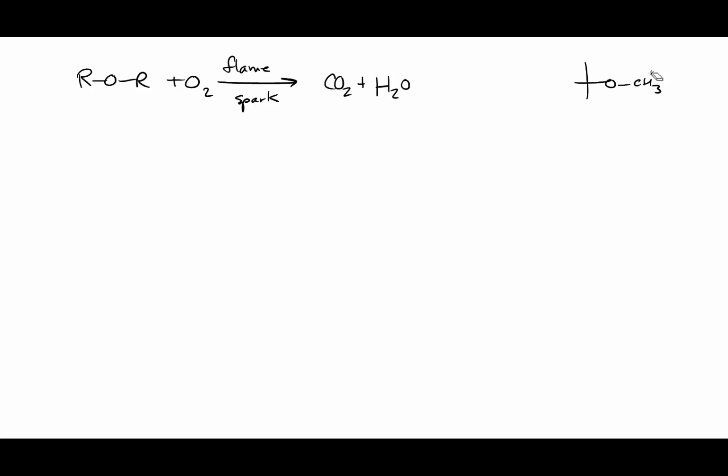Which is why we didn't do certain things in lab. We did not take open beakers of ether and heat them directly on the hot plate. That is a recipe for a fire, because the ether vapors are heavier than air. They come out of the beaker, they go down to the hot plate, and if they ignite, the flames just go right back into the beaker, and then the beaker's on fire.